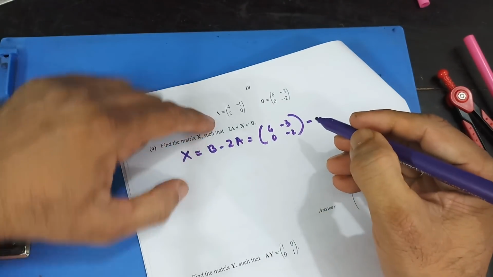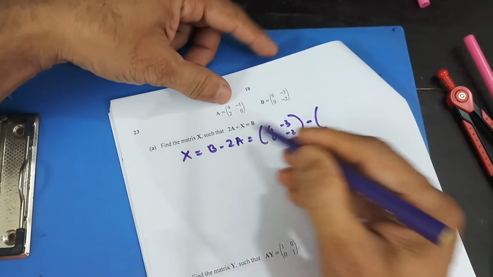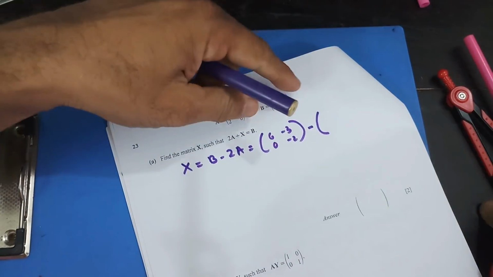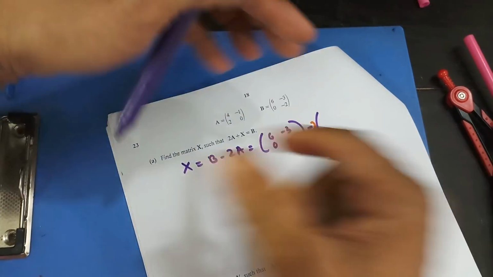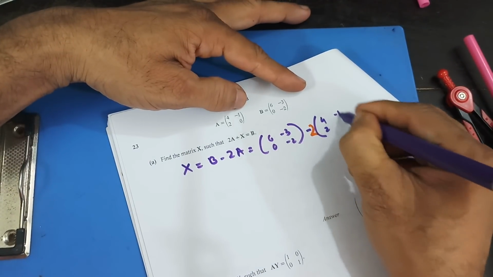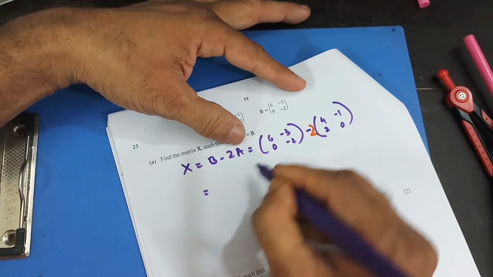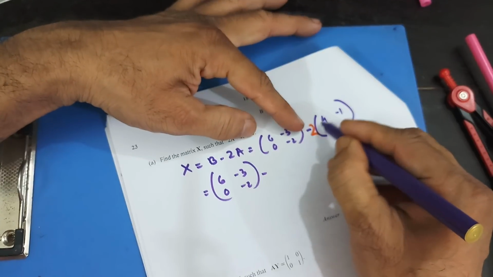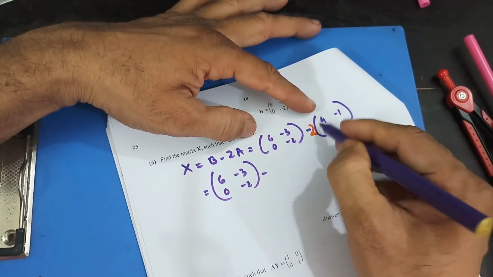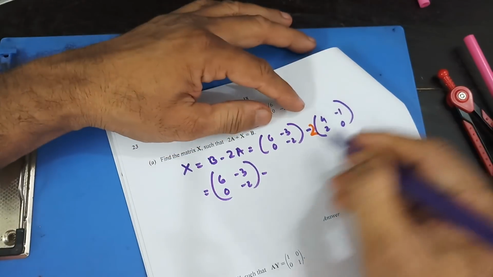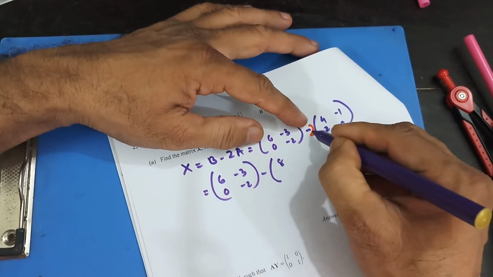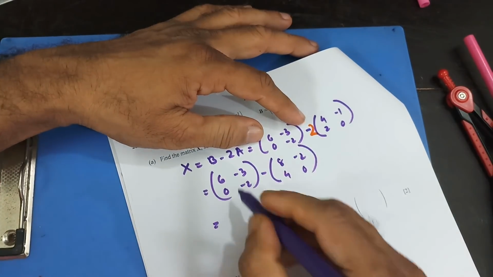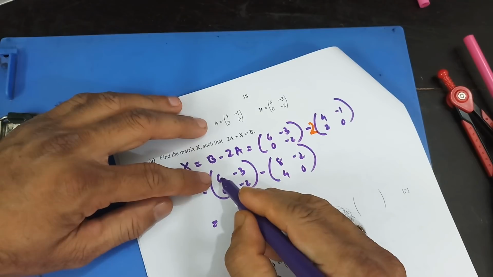Taking the 2 and multiplying with each element of the matrix, 4 2 minus 1 0, then writing the other as it is, 3 minus 2. So 2 times 4 is 8 minus 2 times 4, that's going to be 0. And then corresponding elements, we're going to subtract corresponding elements.